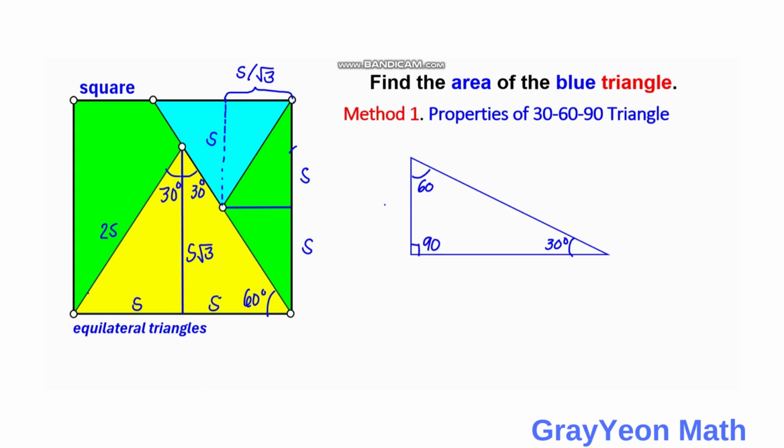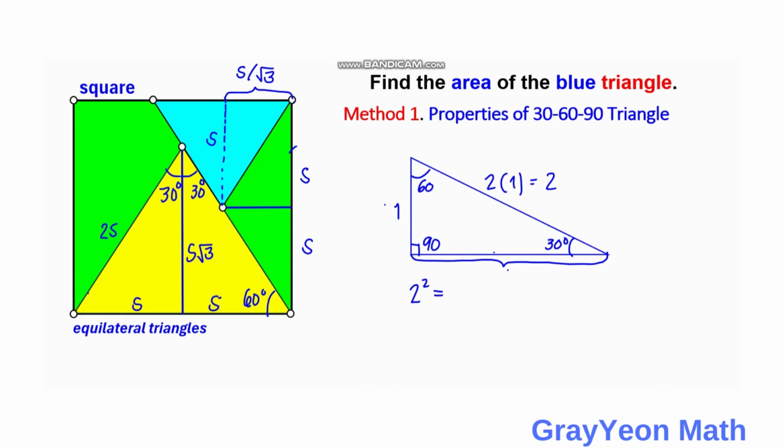If the side opposite the 30 degree is 1, then the hypotenuse will be twice of this, 2 times 1, so equals 2. To get this length, we can use the Pythagorean theorem.